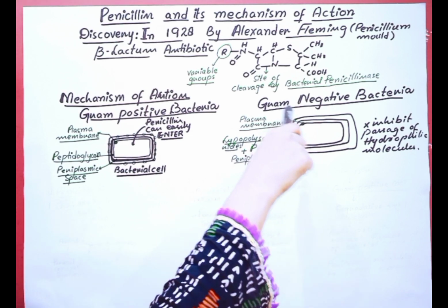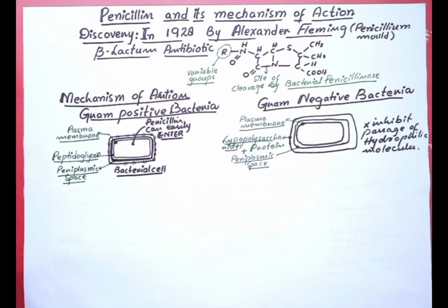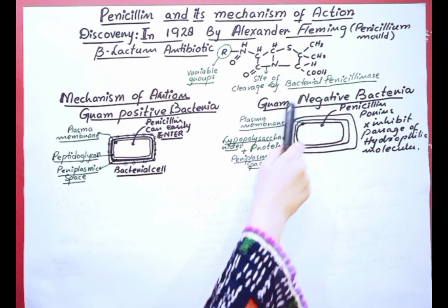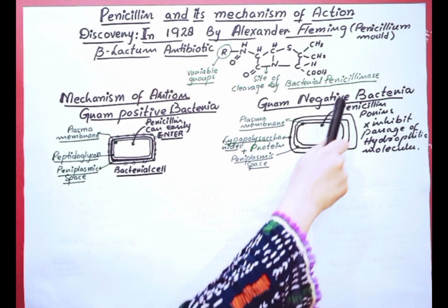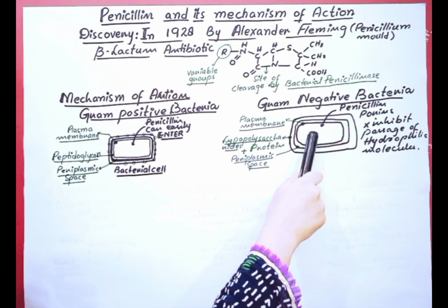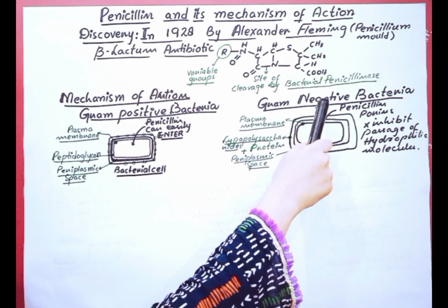Penicillin can still enter into gram-negative bacteria, but here penicillin enters in a different manner, by diffusing through aqueous channels called porins. And what are porins? Porins are outer membrane proteins which are large enough to allow diffusion of most penicillins. I hope you understand this whole mechanism by which penicillin enters gram-negative bacteria.